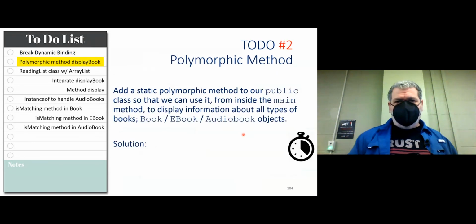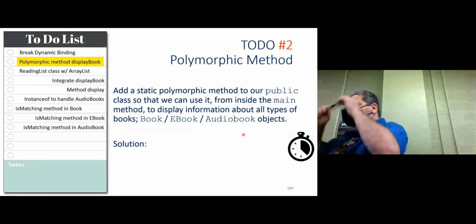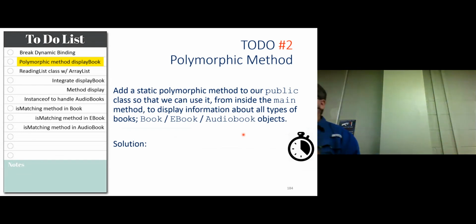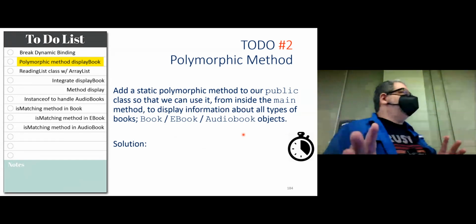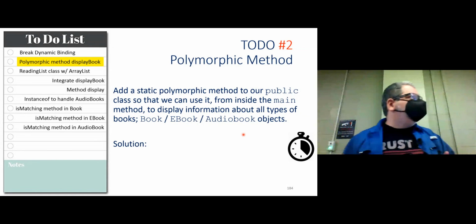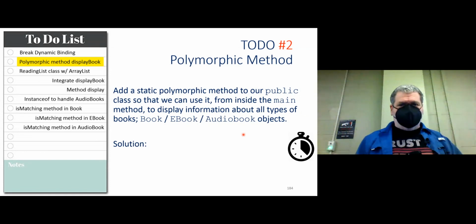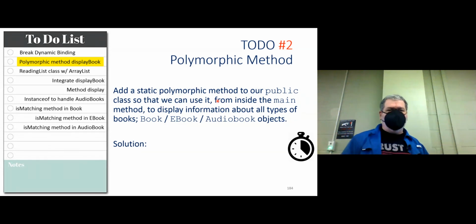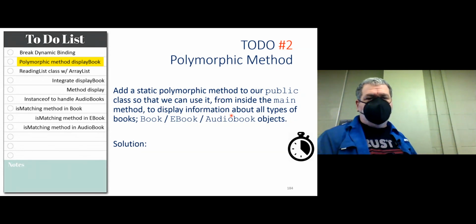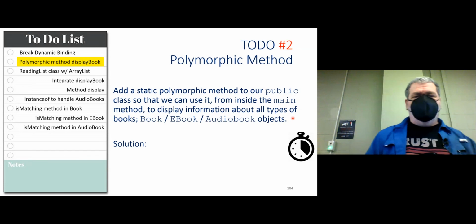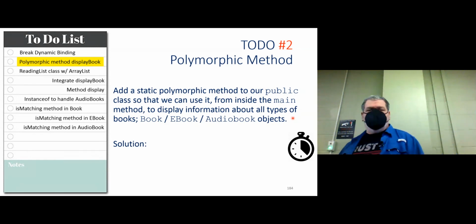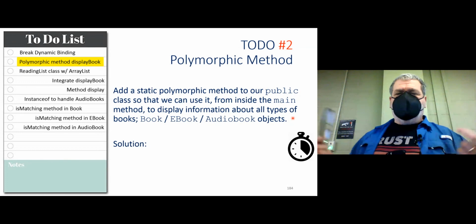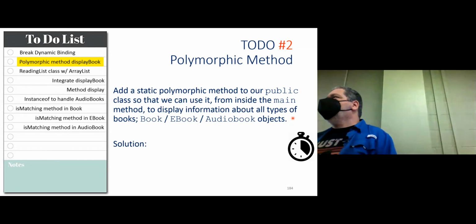Okay, cool. Awesome. So the next to-do I want us to think about together is, what if we have an exam, hint, hint, and it says something like, add a static polymorphic method to our public class. The public class is the one where the main is, so that we can use the polymorphic method from inside the main method to display information about all types of books. So I want a polymorphic method. We're going to call it display, or something like that, display book.